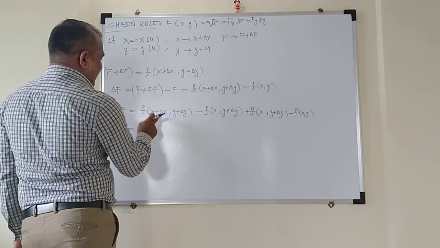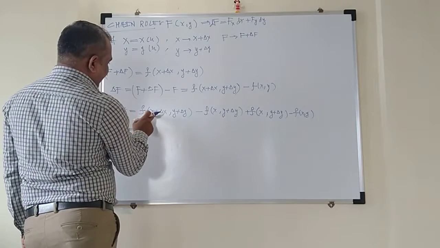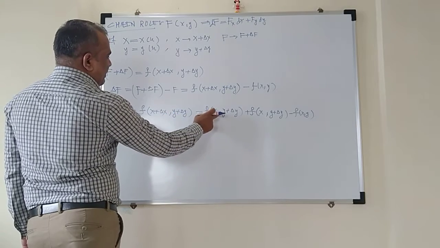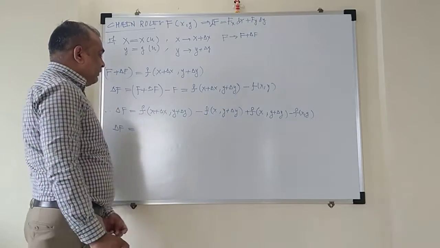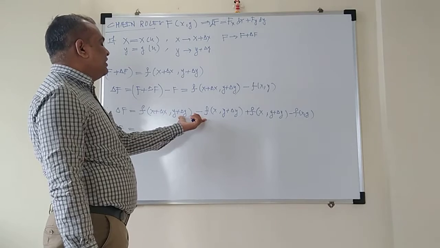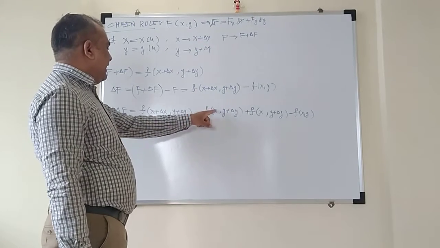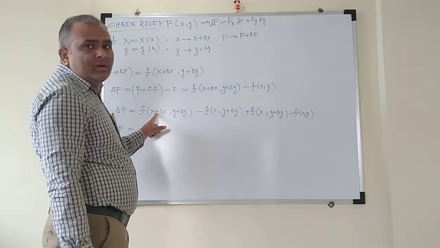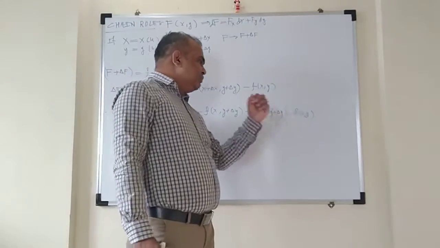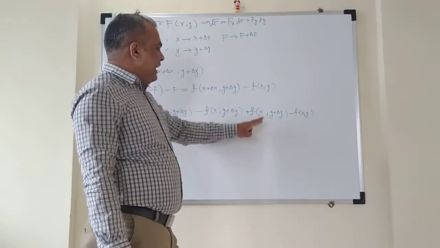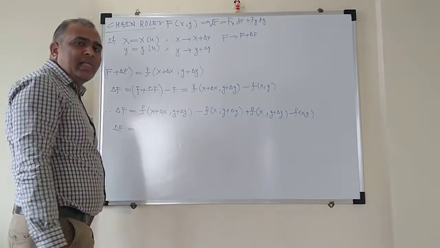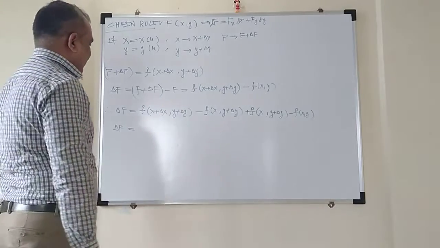If I consider these two terms, f of x plus delta x, y plus delta y minus f of x, y plus delta y, that means if you club these two terms, there is a variation in only one variable: the x variable is changing to x plus delta x, whereas the y variable remains the same. And in these other two terms your x variable is the same, whereas the y variable changes. Done? So therefore this will give you the partial derivatives.